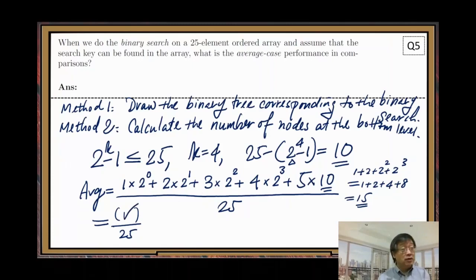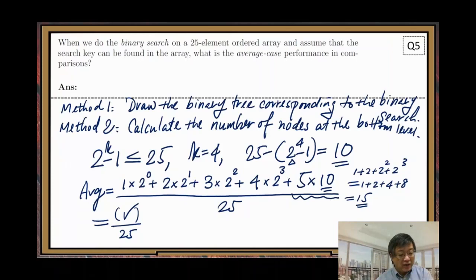I know you can do the calculation for that number, but here you can see that's the way we calculate the average number of comparisons for the binary search, the average case performance. The key step is the last term; you need to figure out the last term. Then you can write this formula correctly.